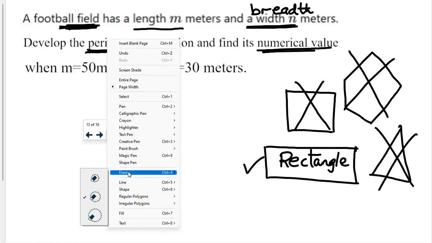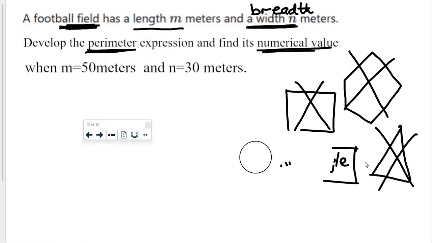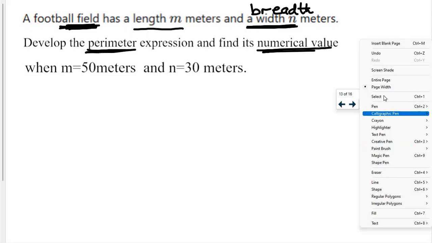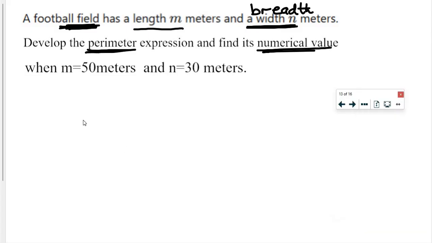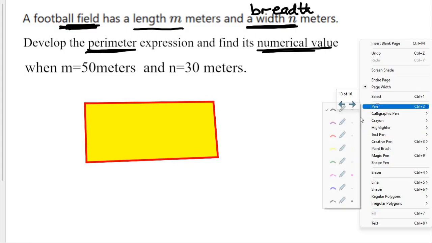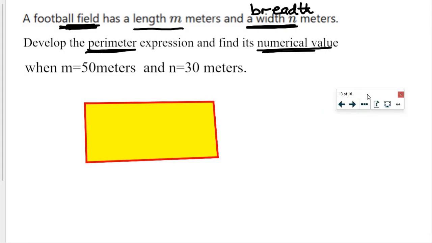Now, what are we supposed to do? We are supposed to draw a rectangle. You can try drawing a rectangle, maybe this way, this way. This is a rectangle, right?